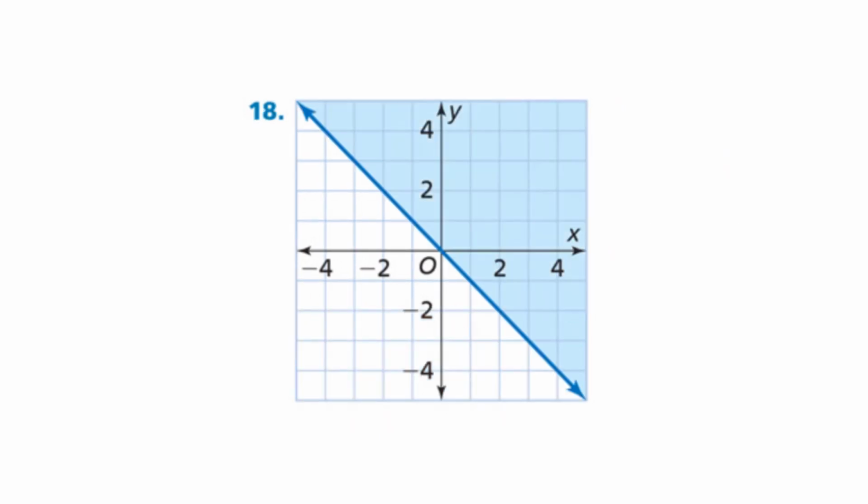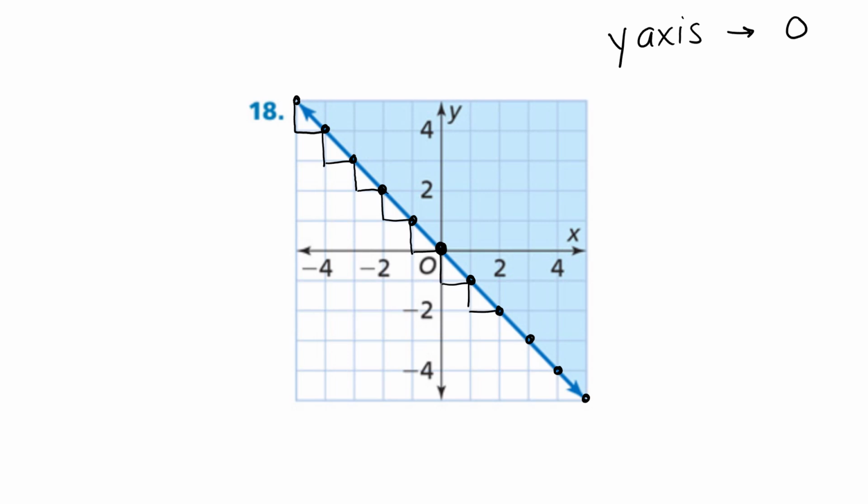For number 18, we want to reference that the graph is on the y-axis at the origin, which is 0. If we plot all of our points on the graph that we can read clearly, we then can find our pattern of going down 1 and over 1 to each point.